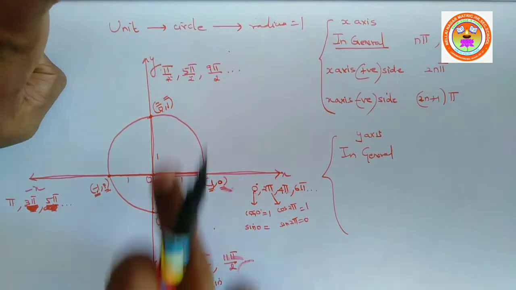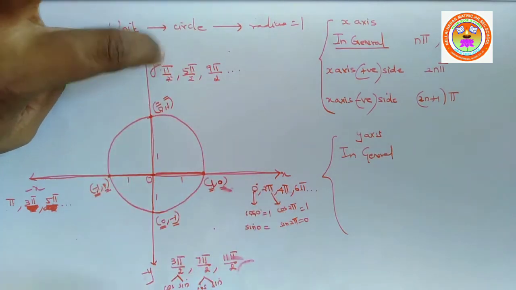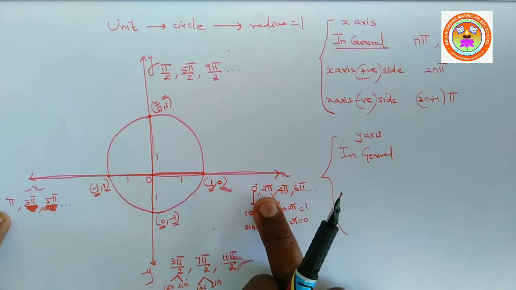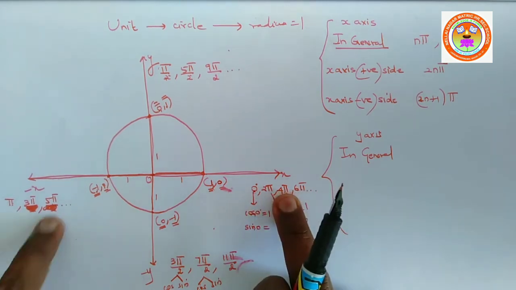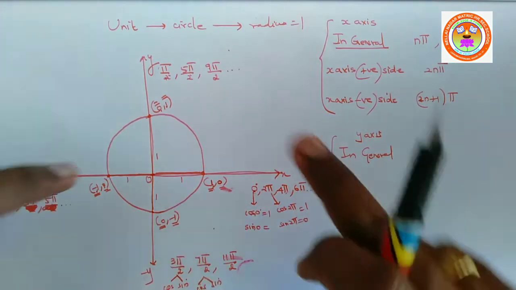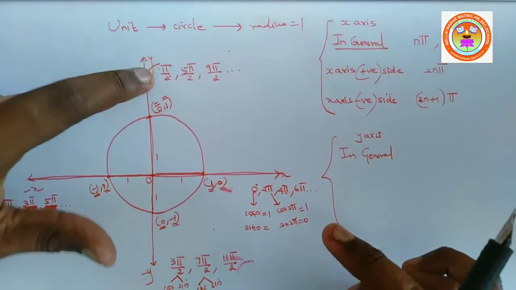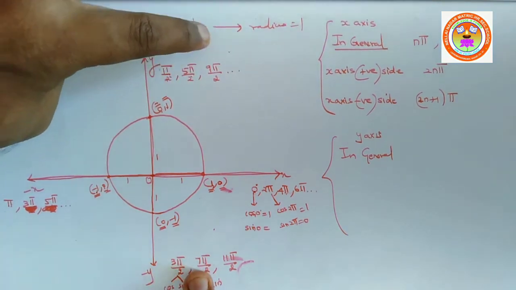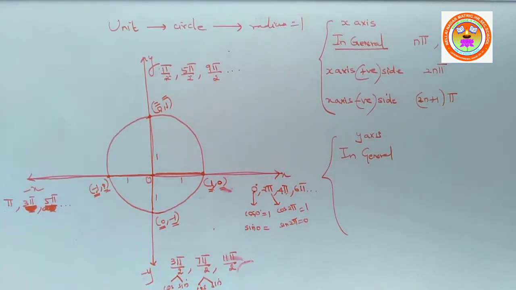If we choose the full x-axis, it is 0, 1, 2, 3, 4, 5, 6, 7. In the y-axis, it is the odd numbers 1, 3, 5, 7, 9, 11, not negative, odd numbers.